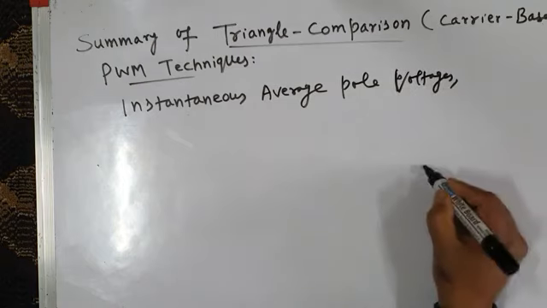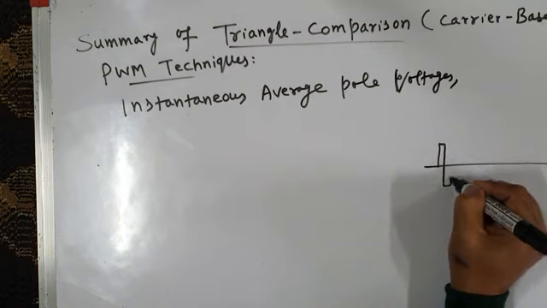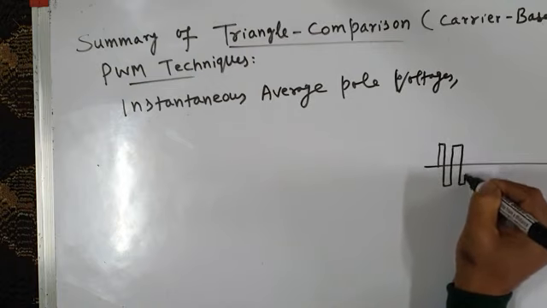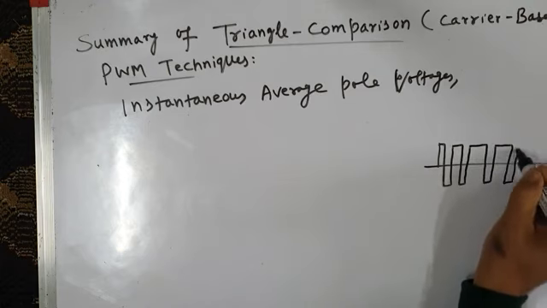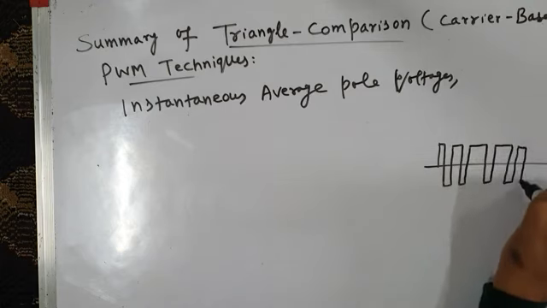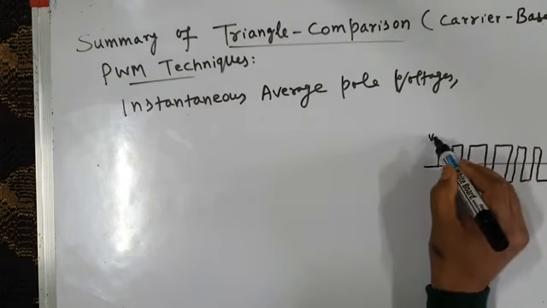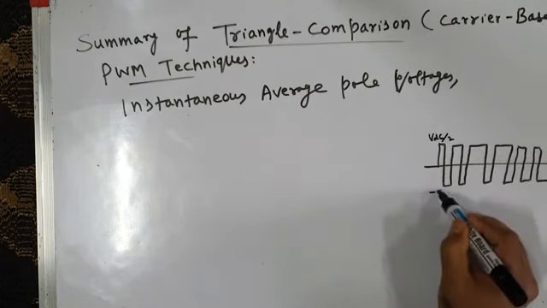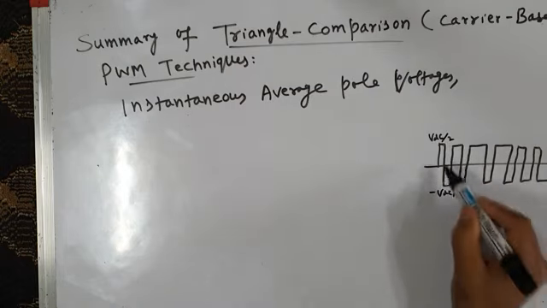Now we know our pole voltages are something like this. These are our pole voltages, say the positive half cycle, and then similarly for the negative half cycle. Our pole voltages go from plus VDC by 2 to minus VDC by 2, then again from minus VDC by 2 to plus VDC by 2.